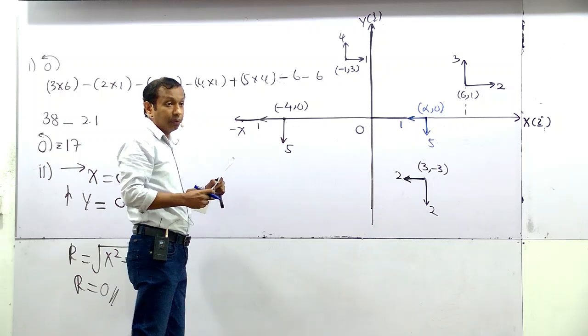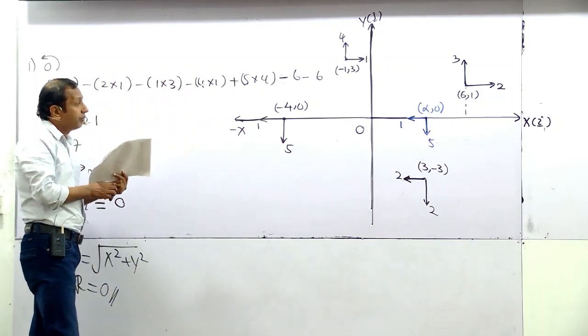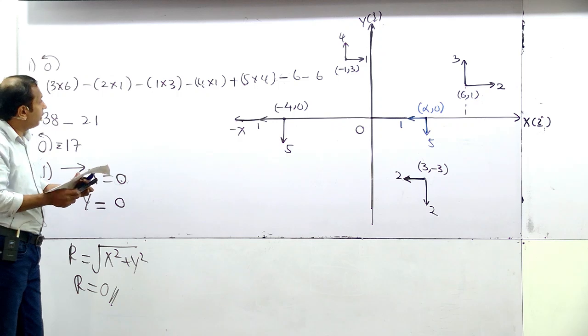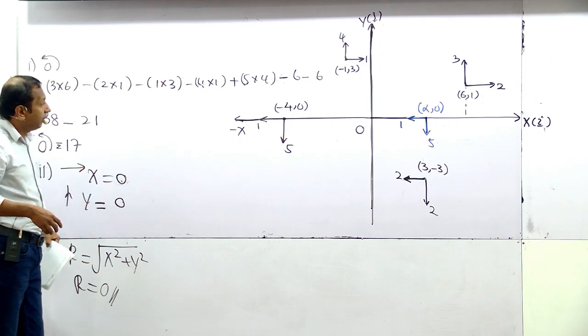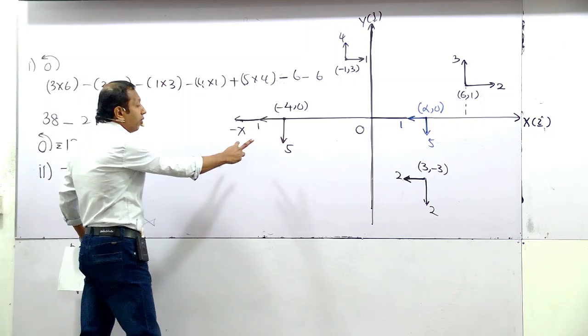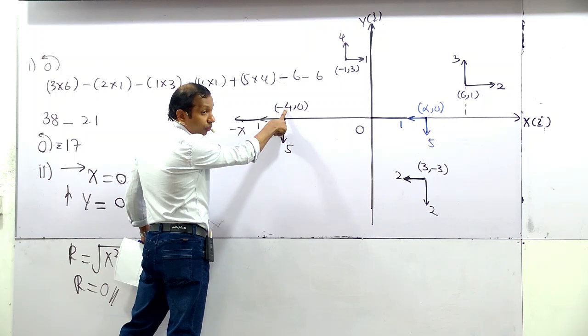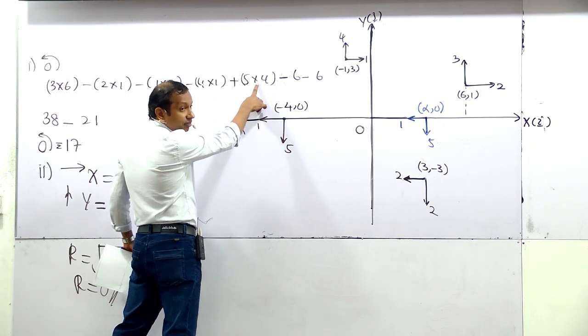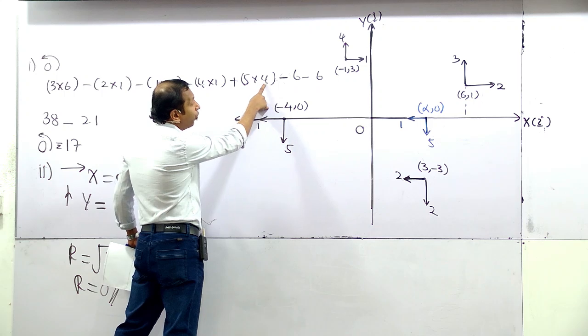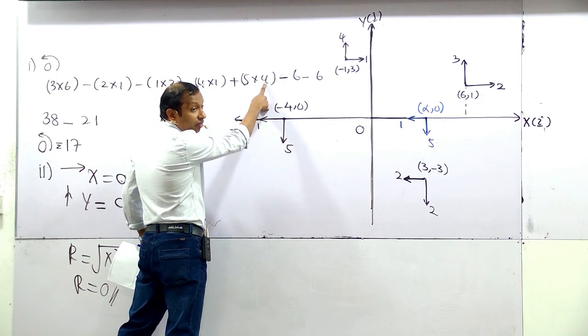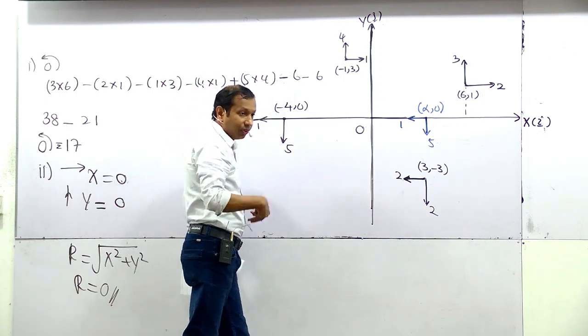Understood? Right. Now, how do we take that, people? Here we got the moment of 5, no? 5 into 4, we took there. For this 4 we now put alpha. Then the algebraic sum should be equal to what? 0.